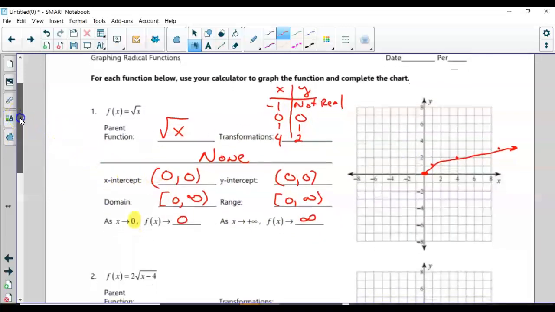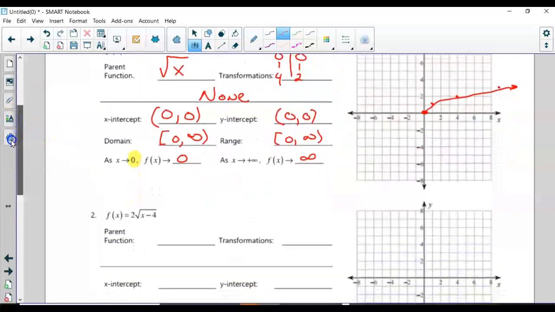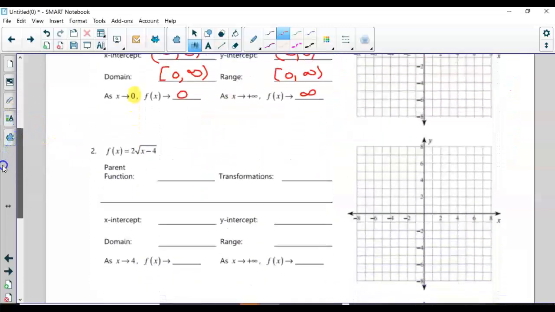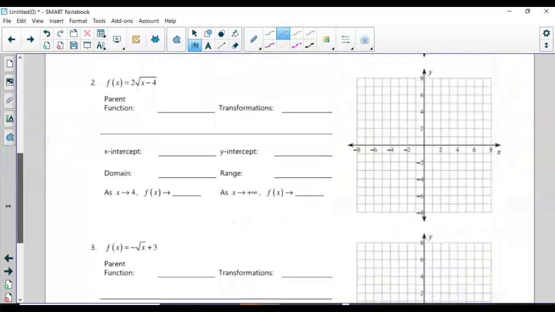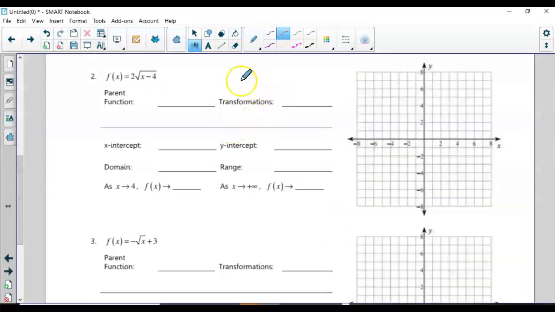We didn't translate it anywhere. So now let's look at number 2. Okay, parent function. We're still doing the square root function. That's the function, square root of x. That's the parent function. Transformations in this case: a is equal to 2, so we have a stretch of 2. And h is going to be equal to 4. Remember, h goes opposite.